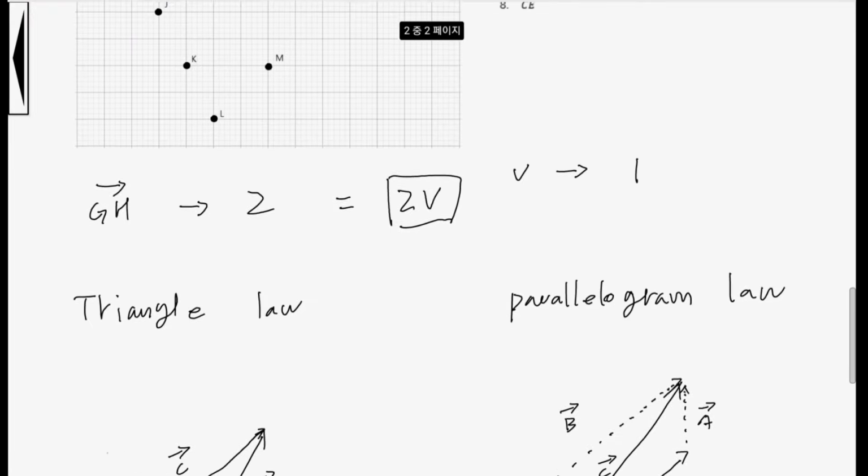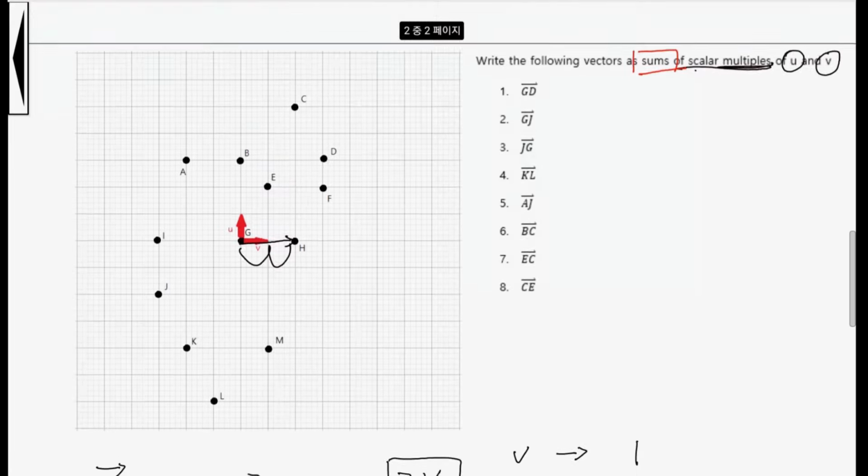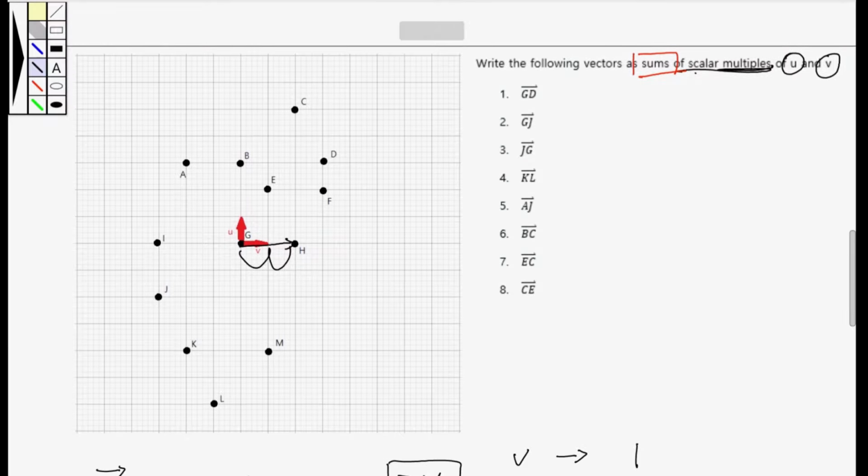So let's see an example. Let's find the first one to understand easily. There is vector GD. G is here, D is here. So let's find out the scalar multiples first.